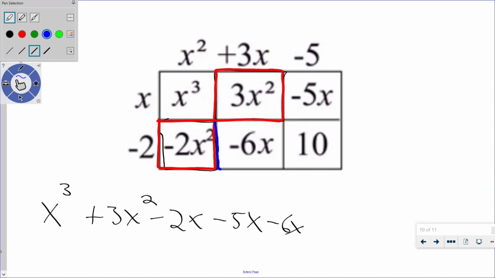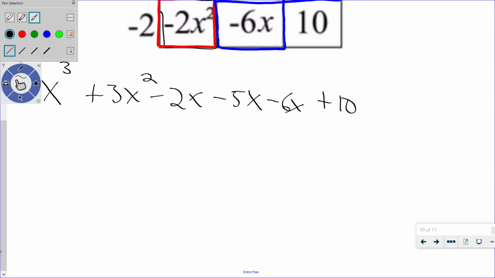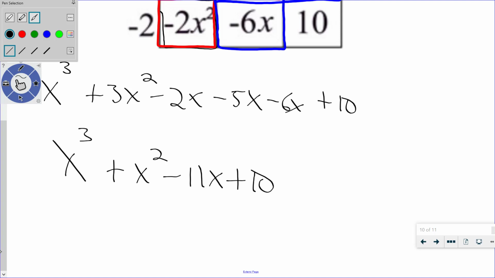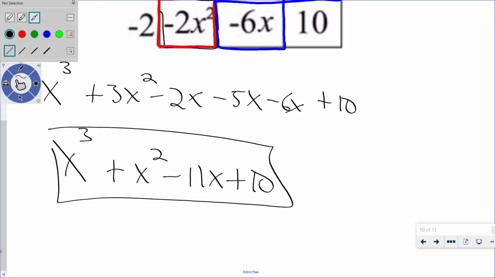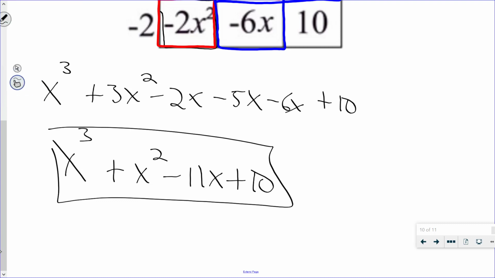So these two on this diagonal are like terms. And then we have positive 10. And when we combine, x to the third plus x squared minus 11x plus 10 is our product. The same answer we got when we did it using the horizontal distributive setup.